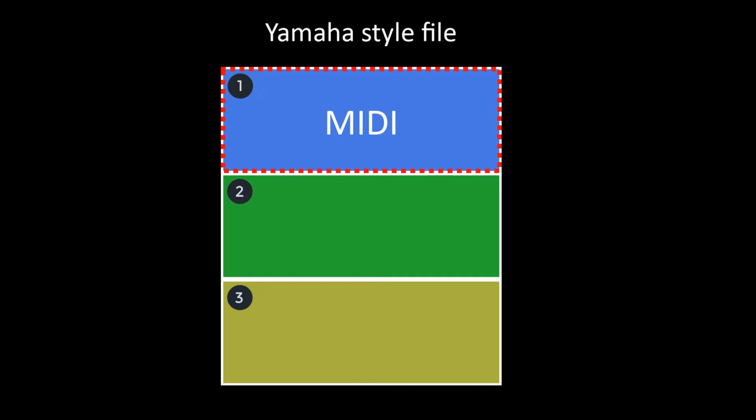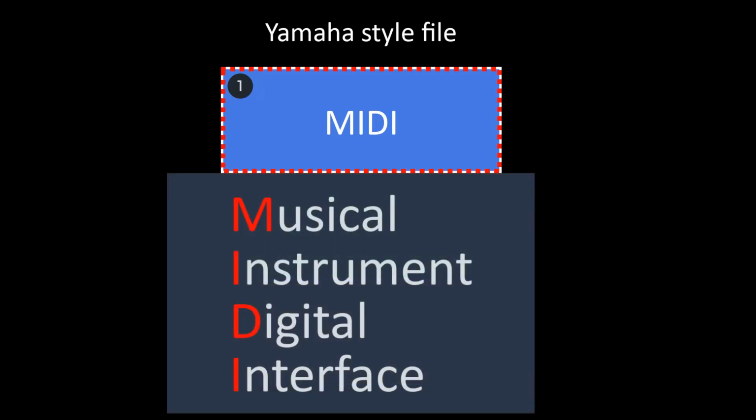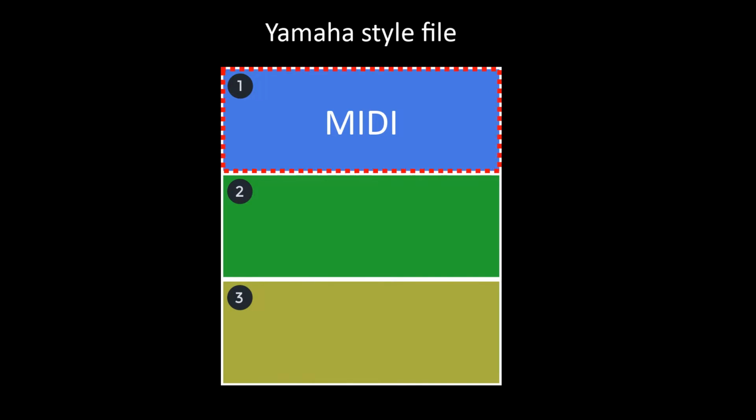MIDI, that is, Musical Instrument Digital Interface, is a standard of data exchange between digital musical instruments. The first part of the style corresponds to this MIDI standard and contains so-called MIDI messages.